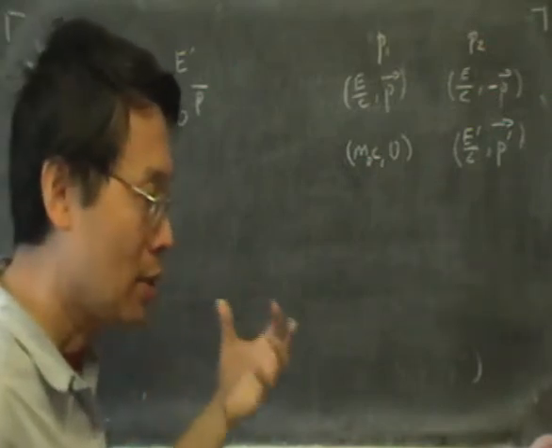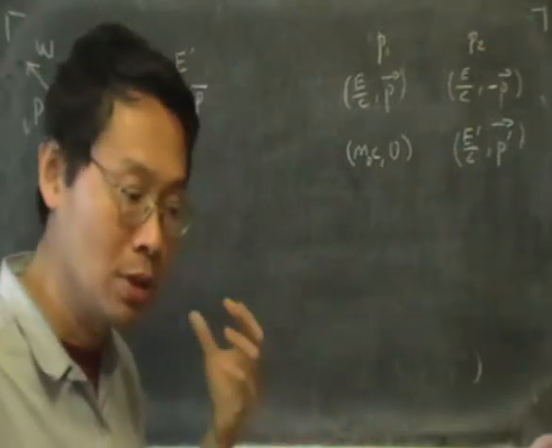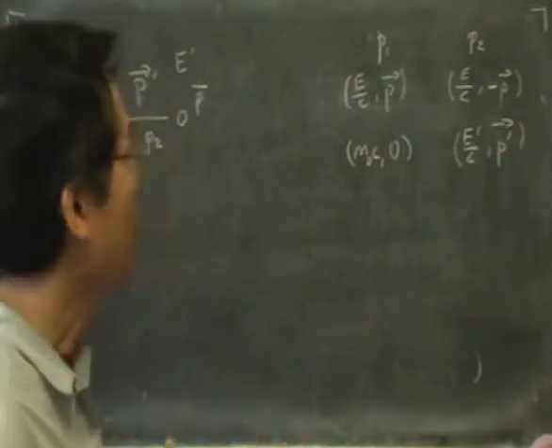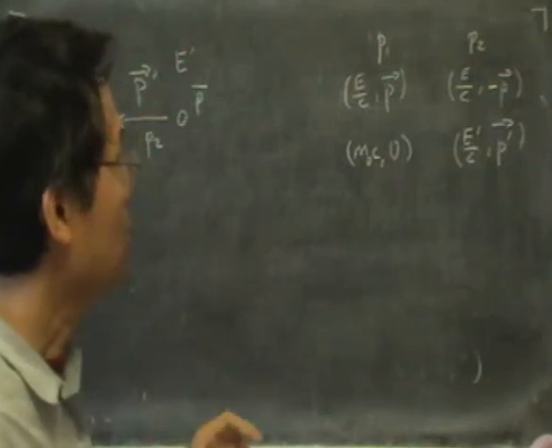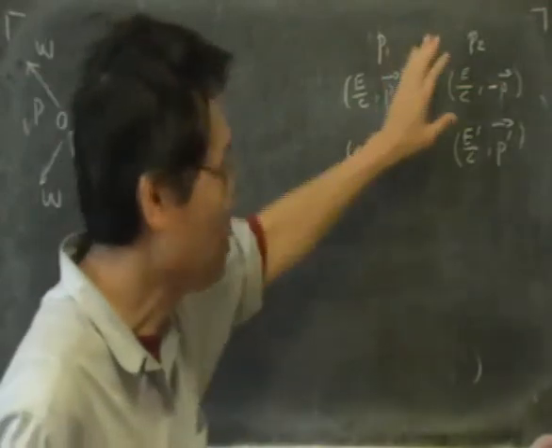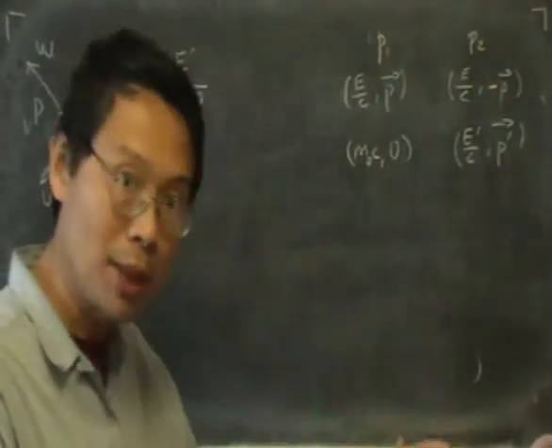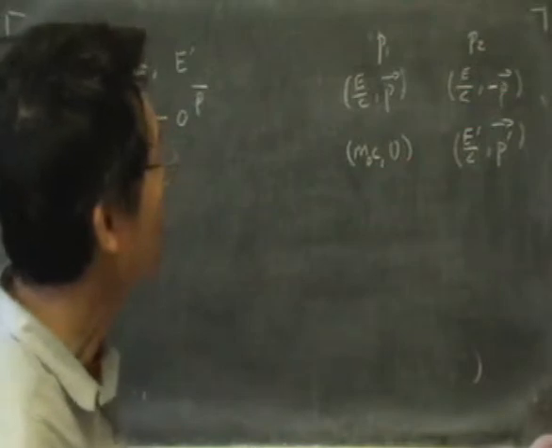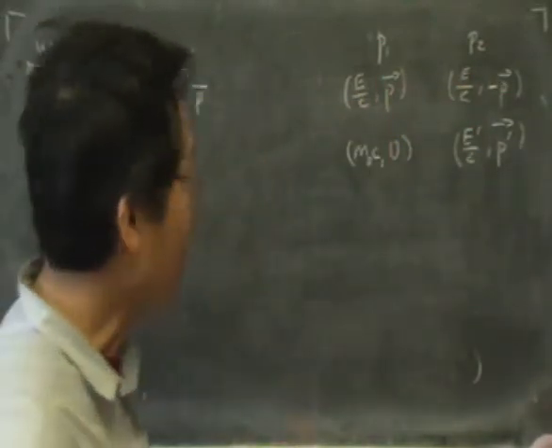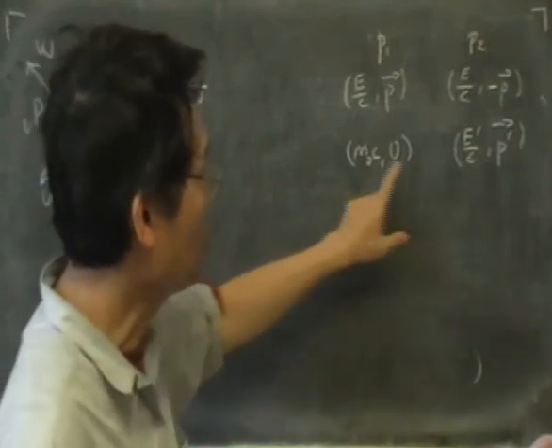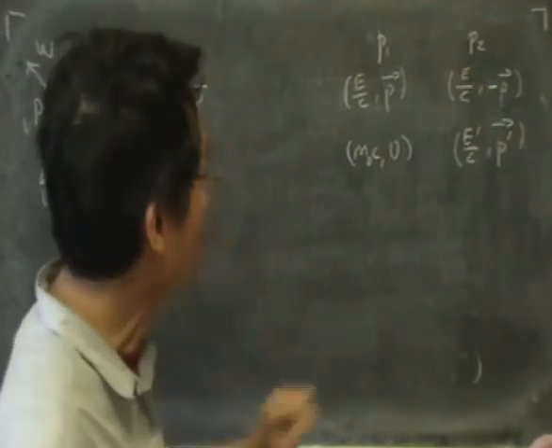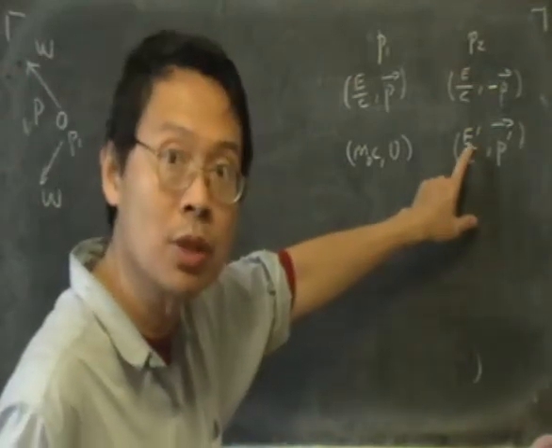So we have quantities in two different frames that we want to relate, and this is where the invariance of the inner product comes in useful. What we could do is take the inner product of P1 and P2 in the center of mass frame, which contains the E, and equate it to the corresponding inner product of the two momenta in the fixed target frame, which contains the E prime.